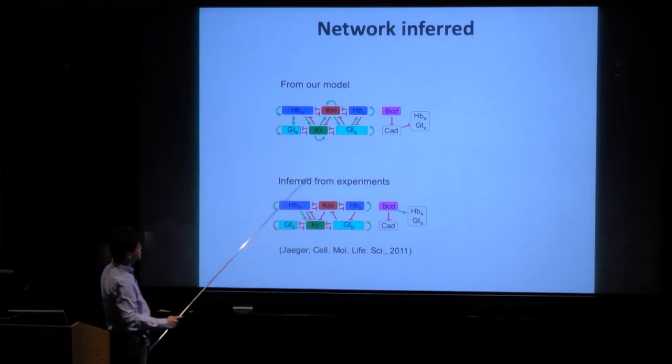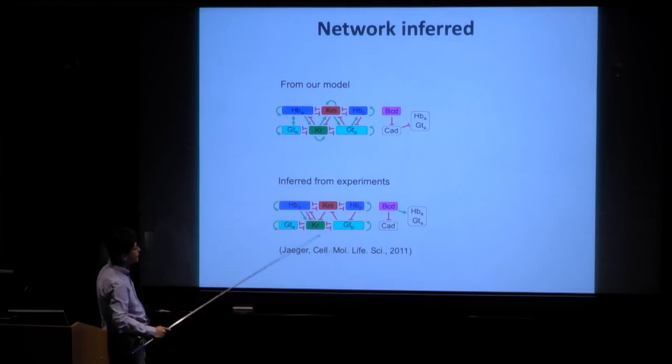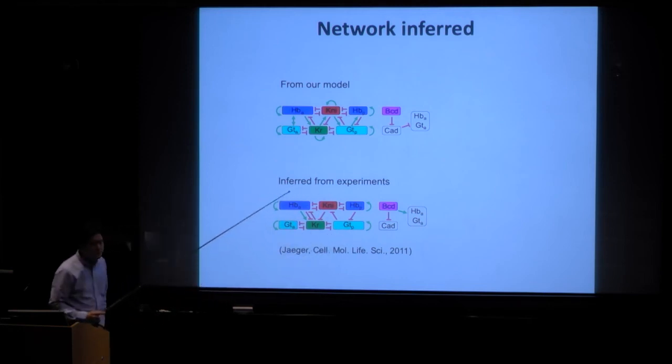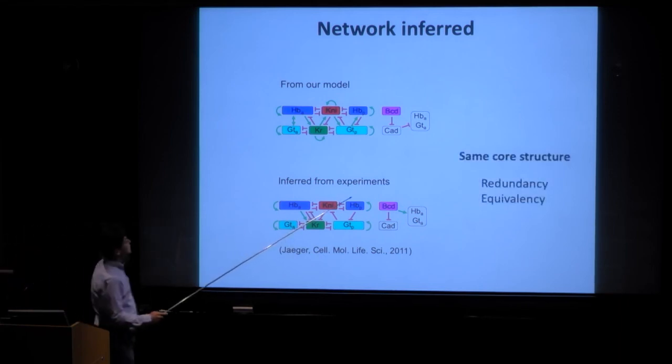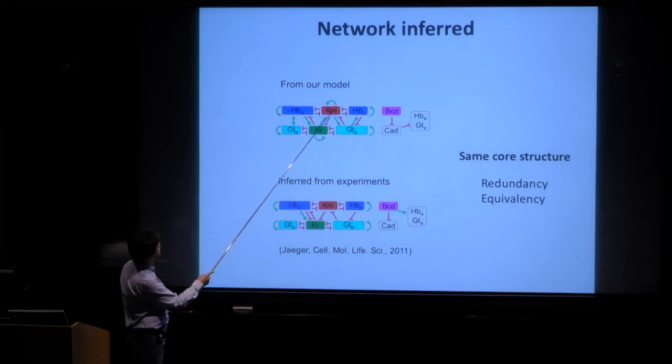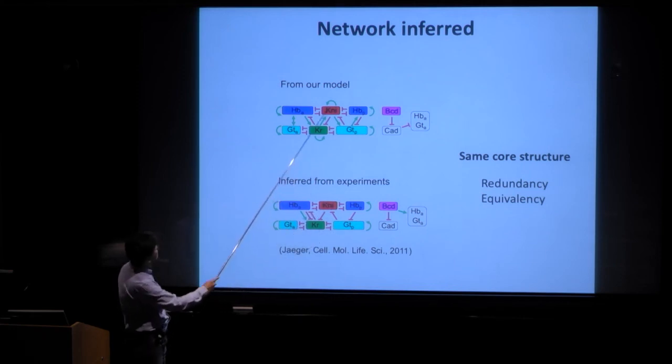You can compare with the best knowledge of biology, which is this. Essentially, the core structure is the same. Okay, and there are some redundancies. The core structure is conserved, but there's a redundancy. For example, you see there's a positive interaction here, and biology said, no, we didn't find a positive interaction here. Why?